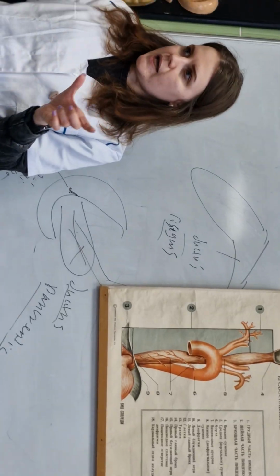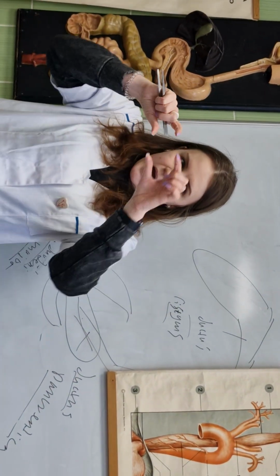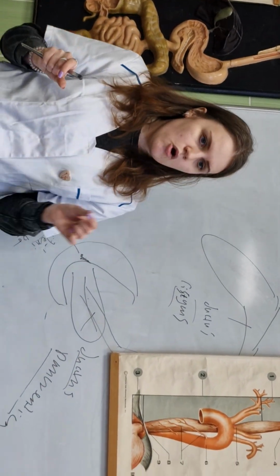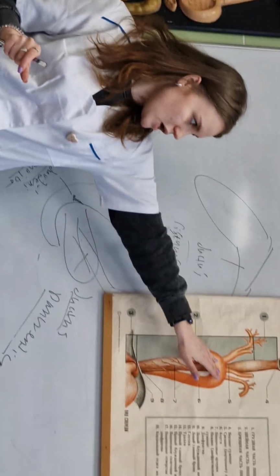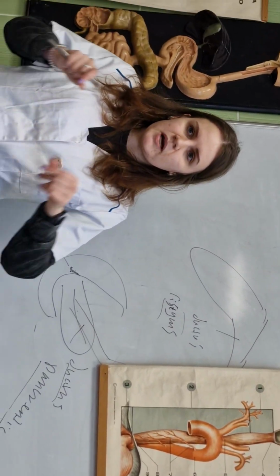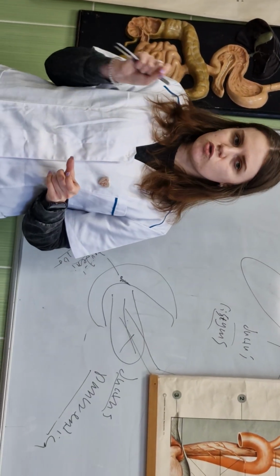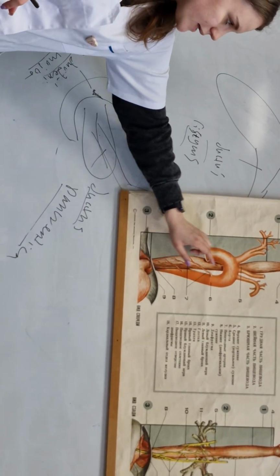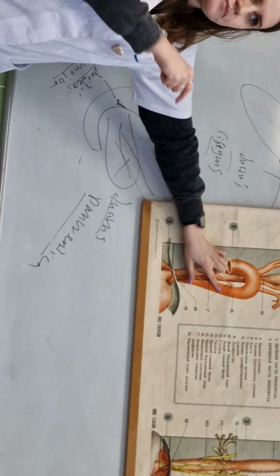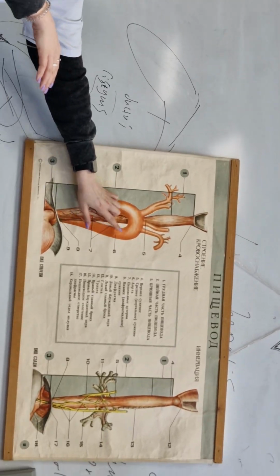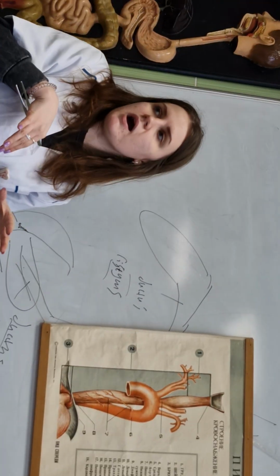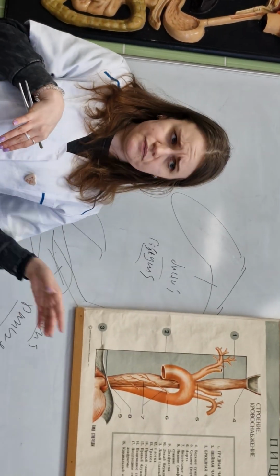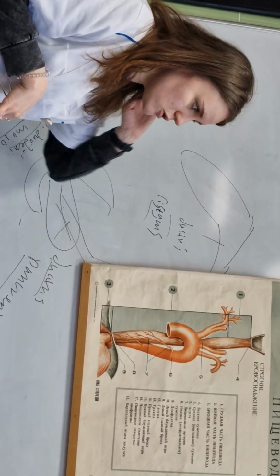Because we have two lungs, our trachea has a bifurcation. This you should know. Then our aorta passes down, at the beginning at the left of our esophagus, and then passes behind it.